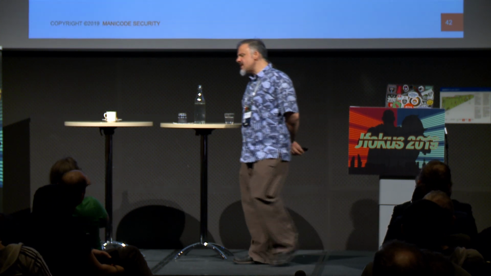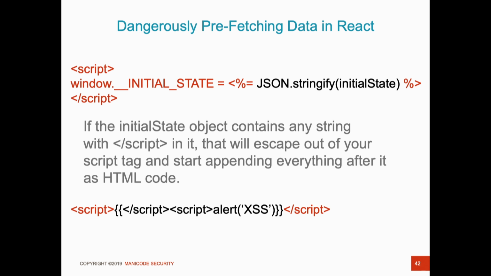However, much of the documentation for React says that when you're embedding JSON, to use a stringify function. What stringify does, it takes this JSON and renders it directly as plain text.